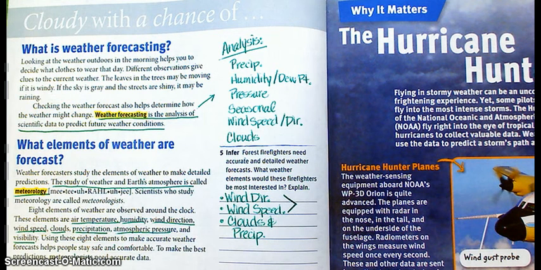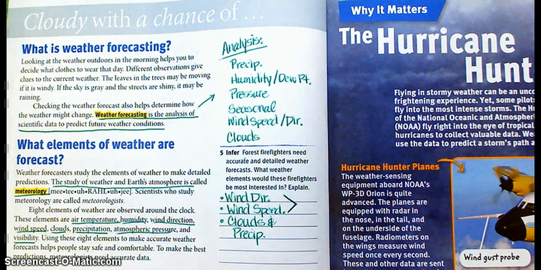Okay, so I'm not going to read word for word, but we're just going to paraphrase. It says different observations give clues to different weather. If you go outside and take note of certain conditions, it might allow you to make some sort of prediction about what the weather is doing or is going to do. Weather forecasting is the analysis of scientific data to predict future weather conditions.